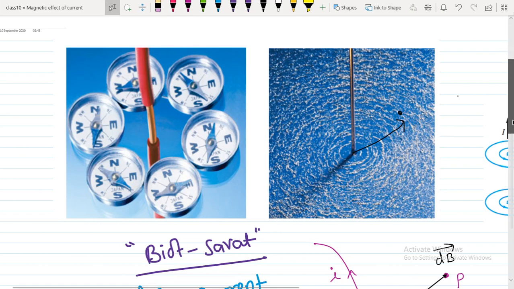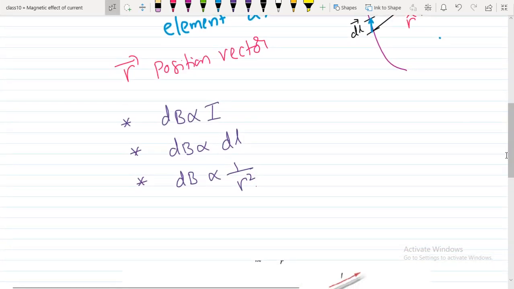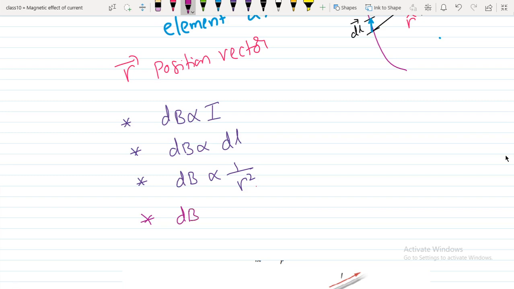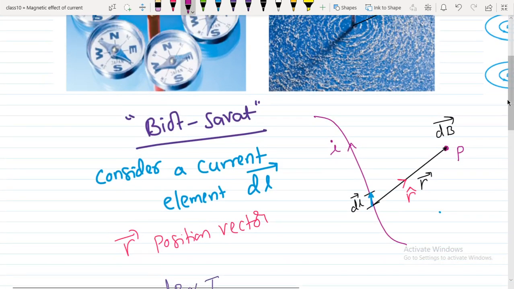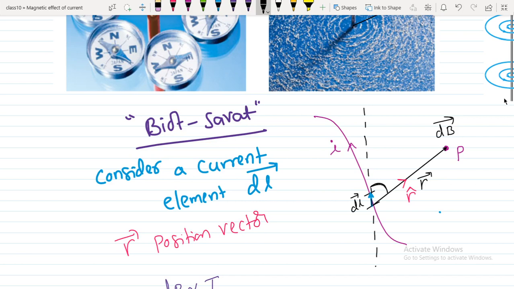And one more very important thing: the small magnetic field dB is directly proportional to sine theta. Here theta is the angle between the elemental length dl and the position vector r. This is the theta.